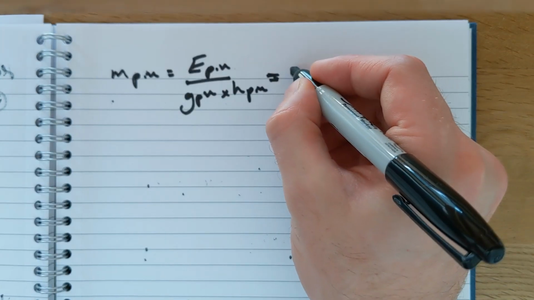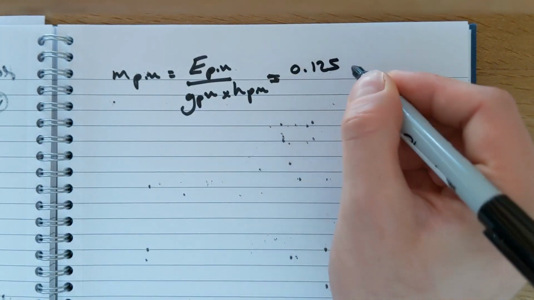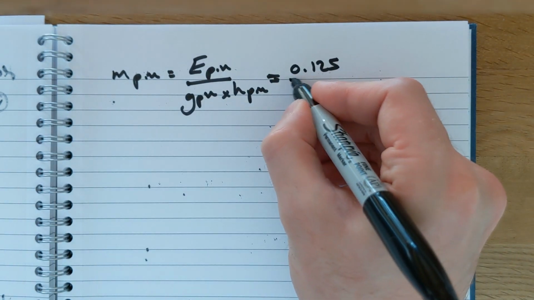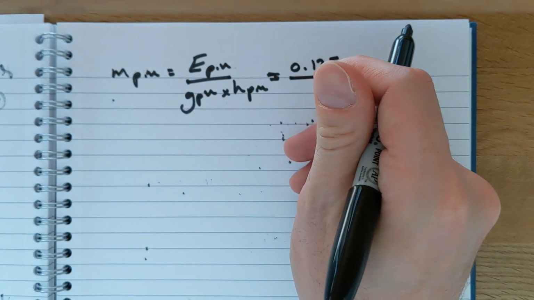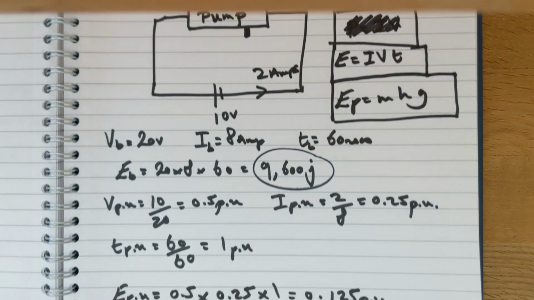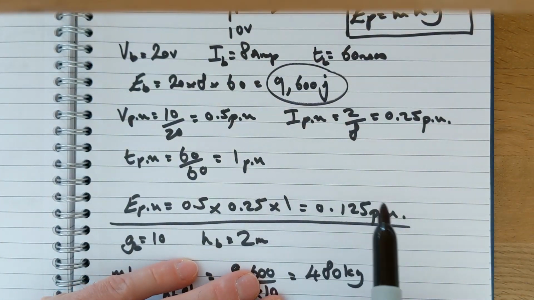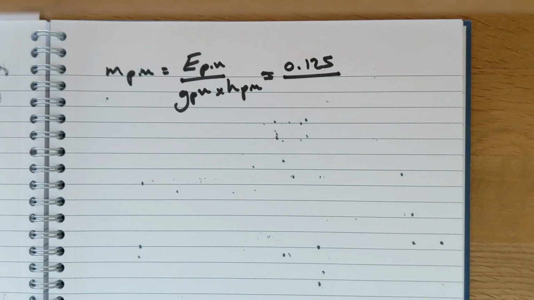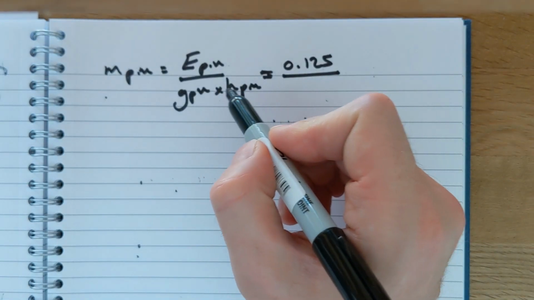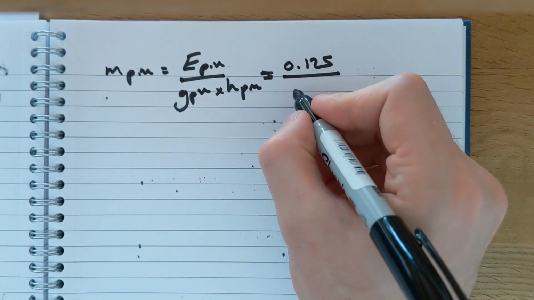So in our case that is 0.125. Energy in per unit was provided by the pump. We got that from the electrical part of the problem. We calculated it here, the energy expelled by the pump. And these two were given, and we just converted them into per unit.